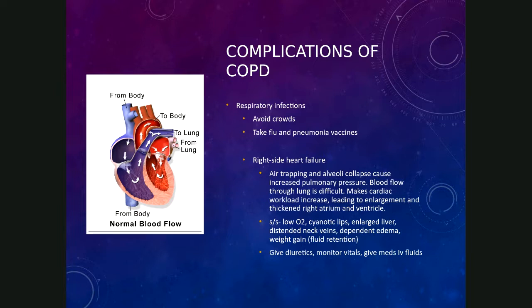So pneumonia vaccine, there are 2 pneumonia vaccines. You usually don't get them until you're above 65 or you're immunocompromised, okay? Complications of COPD include right-sided heart failure. And that's simply because the lungs aren't working right, and that's going to lead to the heart not working right.